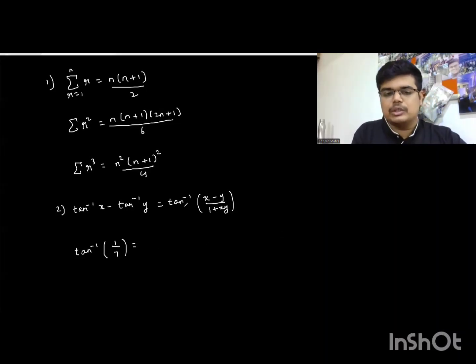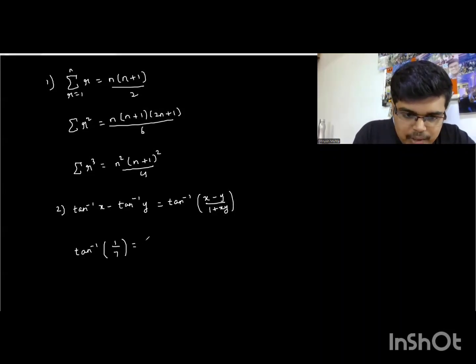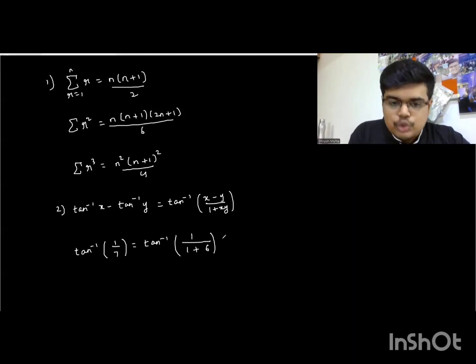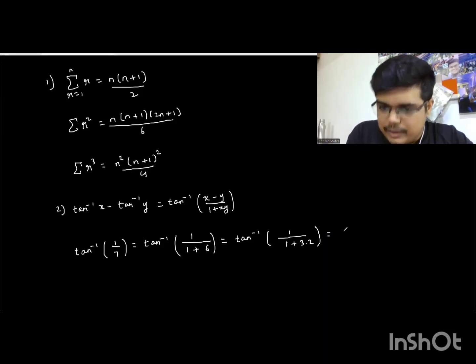In this formula of tan inverse x minus tan inverse y, do you understand the number in the denominator, 1 plus x into y? So what I'll do is I'll split this 7 in the denominator as 1 plus 6. Now, students, we know that 6 can be written as a product of two consecutive terms, that is 3 into 2. In the numerator, we have 1.